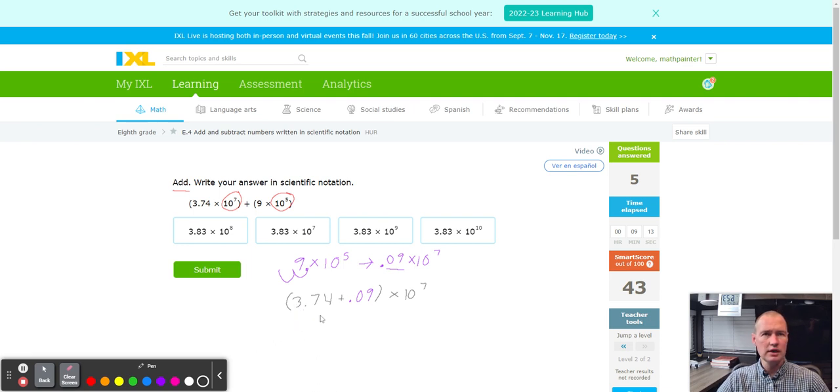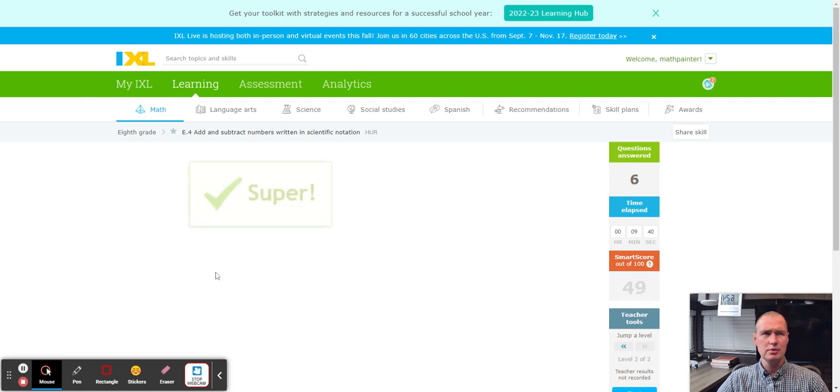So it looks like we're going to get 3.83 times 10 to the 7th power. We will take a look for a match and see if it works. So the first one, no, and the second one, yes, we got 3.83 times 10 to the 7th matches perfectly there.